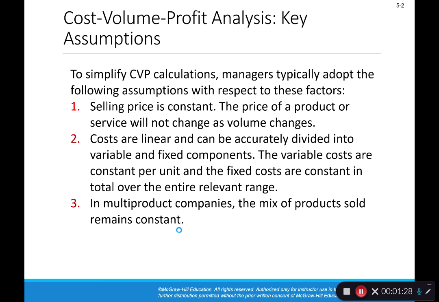And in multi-product companies, the mix of products sold remains constant. For example, if Apple sells 2 iPhones for every 1 iPad, that ratio of 2 to 1 would be consistent despite changes in volume. Those are the assumptions that we use in order for CVP analysis to work.